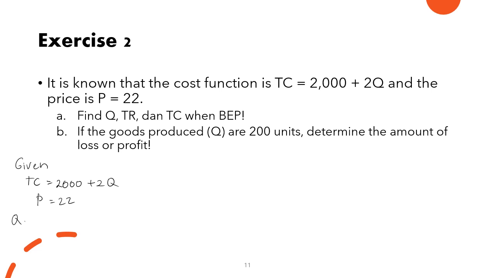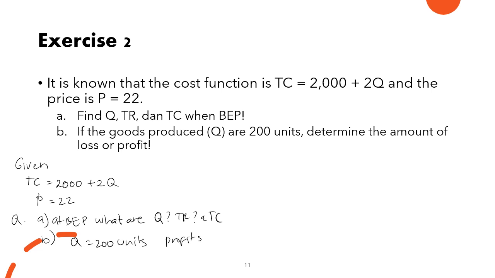Questions: A, at BEP, what are the Q, TR, and TC? And B, if Q is 200 units, profit or loss will happen?